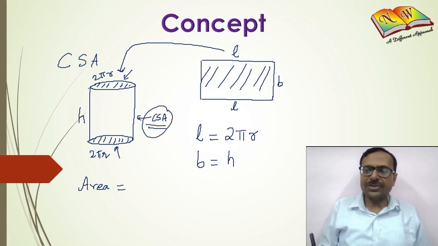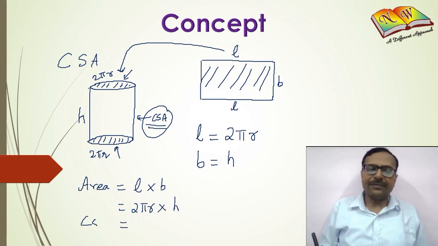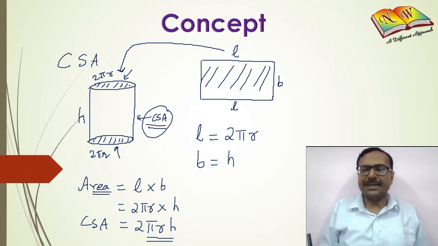So the area of the strip was length into breadth. Length has been converted to 2 pi r and breadth to height, and therefore the curved surface area of the cylinder will be equal to the area of the paper strip, which is 2 pi r h, and that is the formula for finding the CSA of a cylinder.